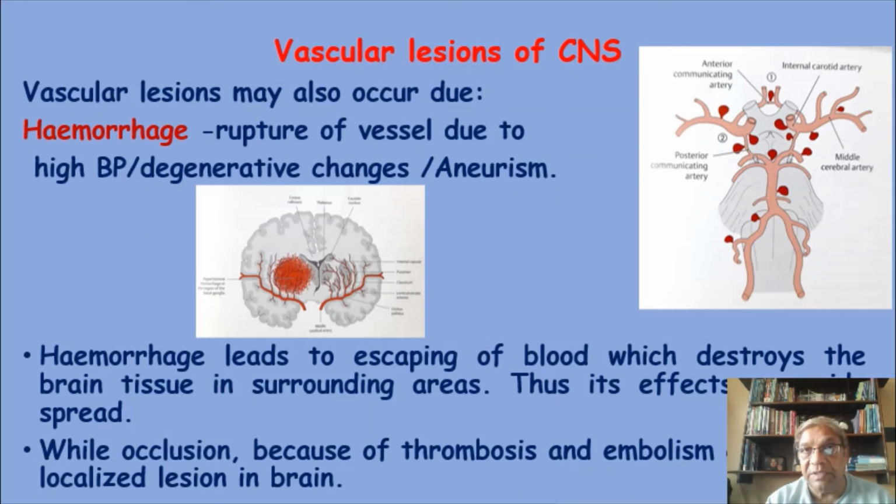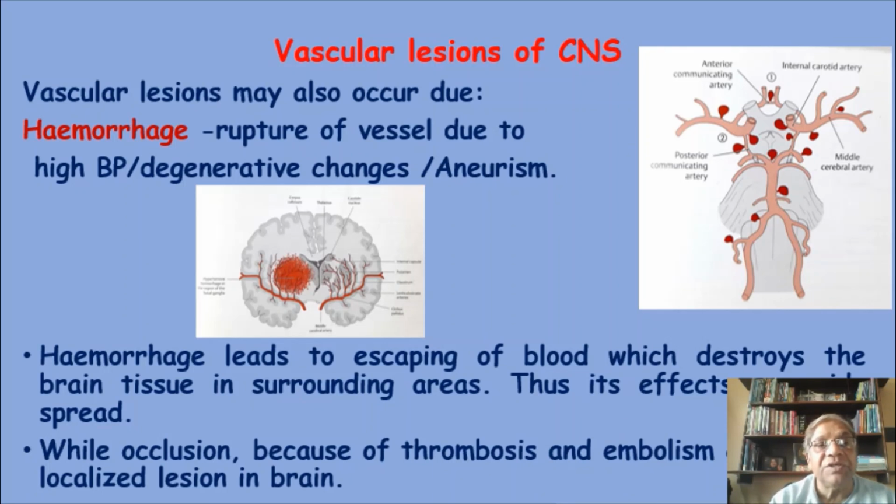You must have heard that a person had high blood pressure and his blood vessel ruptured, so he got what is called a cerebral stroke, and half of the body was paralyzed.